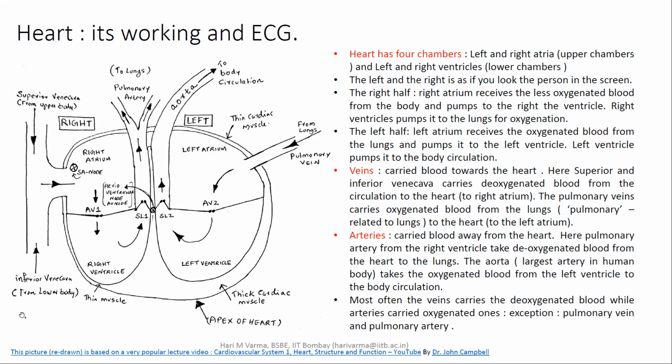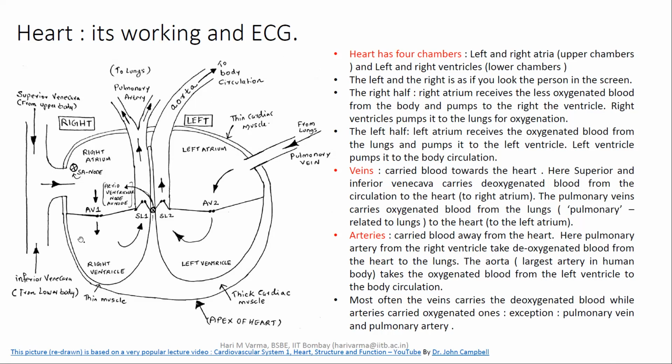Similarly, the blood from the upper part of the body comes from what is called the superior vena cava. From the lower part of the body it comes from the inferior vena cava, and both merge and reach the right atrium. Again in the right atrium, because all the blood is coming here, at some point the pressure increases so that AV1 will open, and all the blood will start filling the right ventricle.